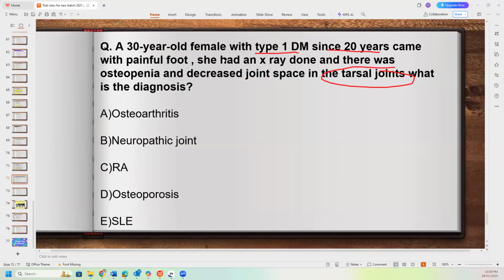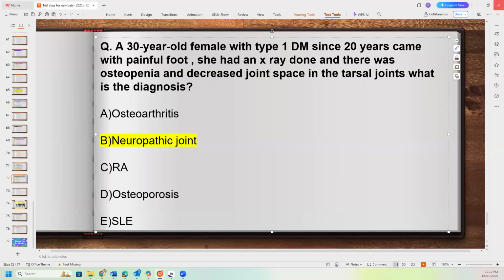All righty. So if you know about the features of other diseases, it's very easy to come towards your answer. If you know that osteoarthritis and osteoporosis are diseases of malnutritive patients or elderly patients, less likely to be in a 30-year-old, the only two options you have are rheumatoid arthritis and SLE. SLE needs at least 9 out of 11 criteria to be fulfilled before defining its joint disease, right?